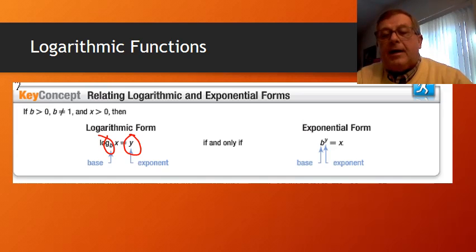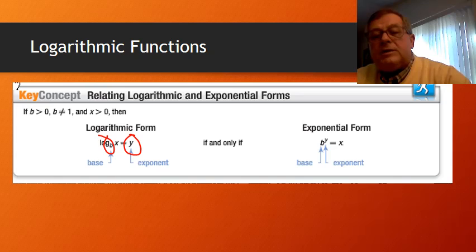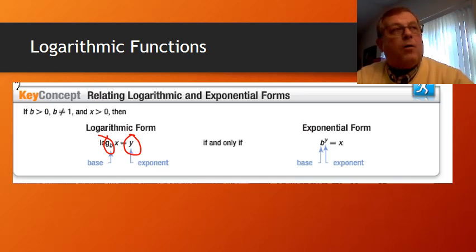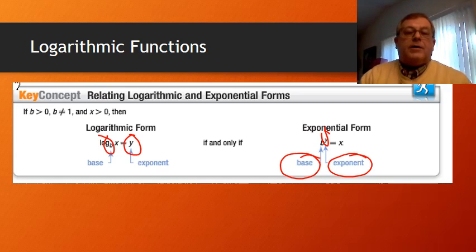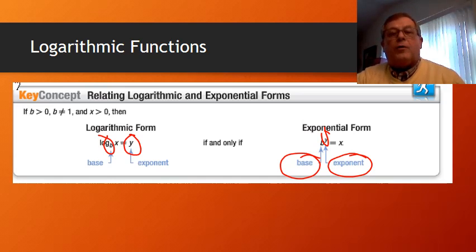And then looking at that in exponential form, again, we see that b raised to the power of y equals x, where b is the base and y is the exponent. And so here's how we relate the logarithmic and exponential functions. All right, now we're ready to look at some examples.